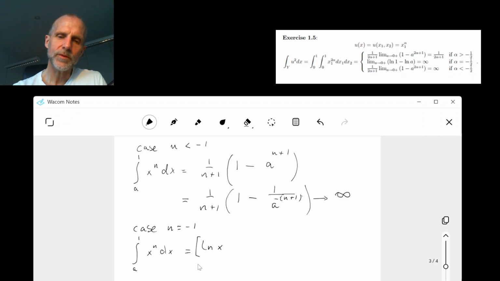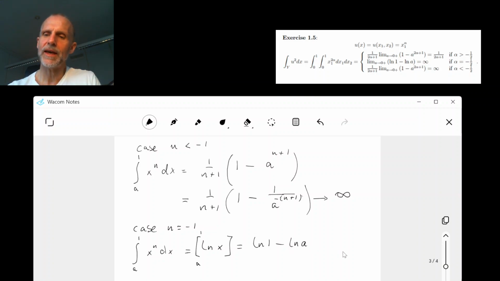So we have the same limits a and 1, and this is equal to the logarithm of 1 minus the logarithm of a.